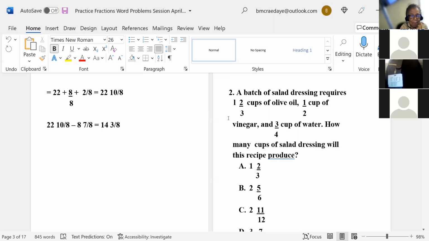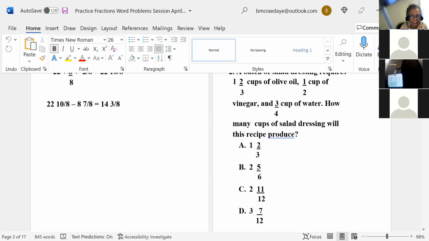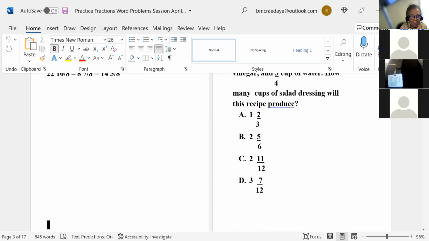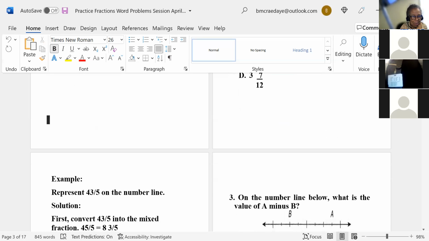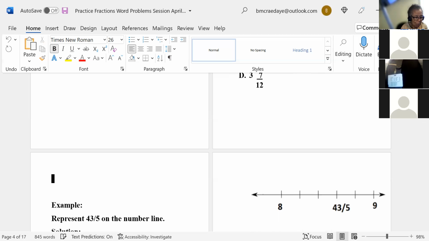You add up the ingredients: the olive oil, 1 2/3 cups, the vinegar, 1/2 cup, and the water, 3/4 cup. But you have to get them with the least common denominator, right? So let's just put here what our ingredients are.